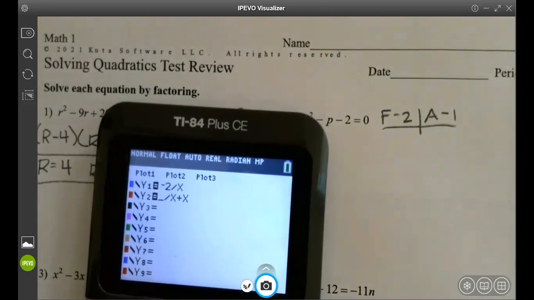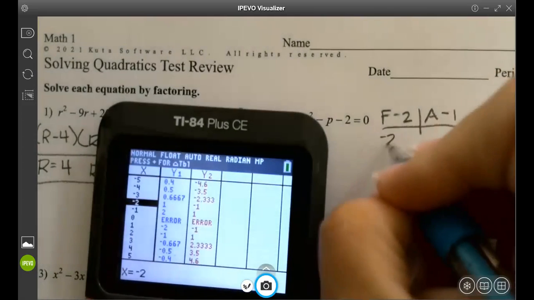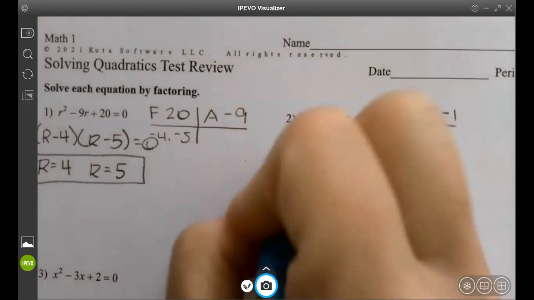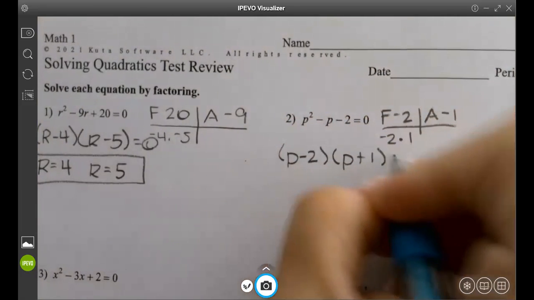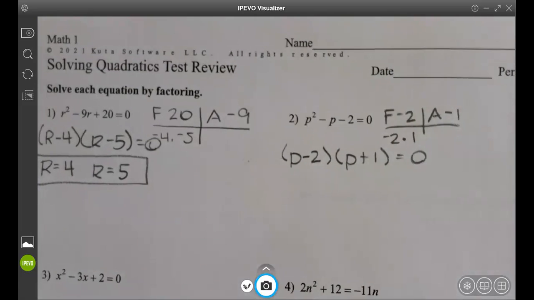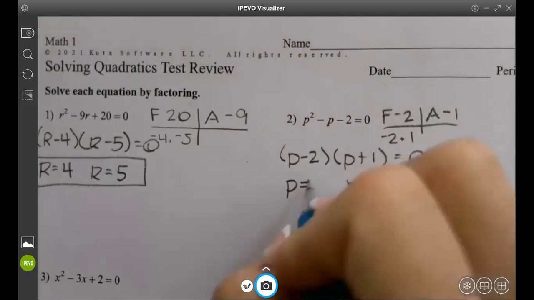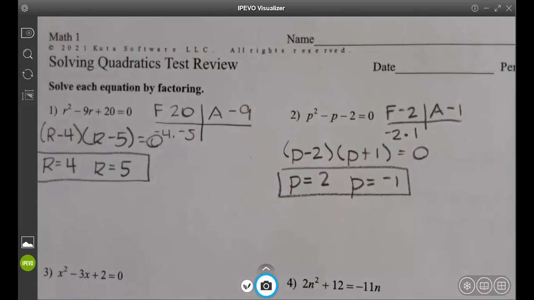Sorry, -2 that add to -1. There's our -1 at -2 and a +1. So our letter is P and a -2, P and a +1. So what are my 2 answers? 2 and -1. That's it, y'all.